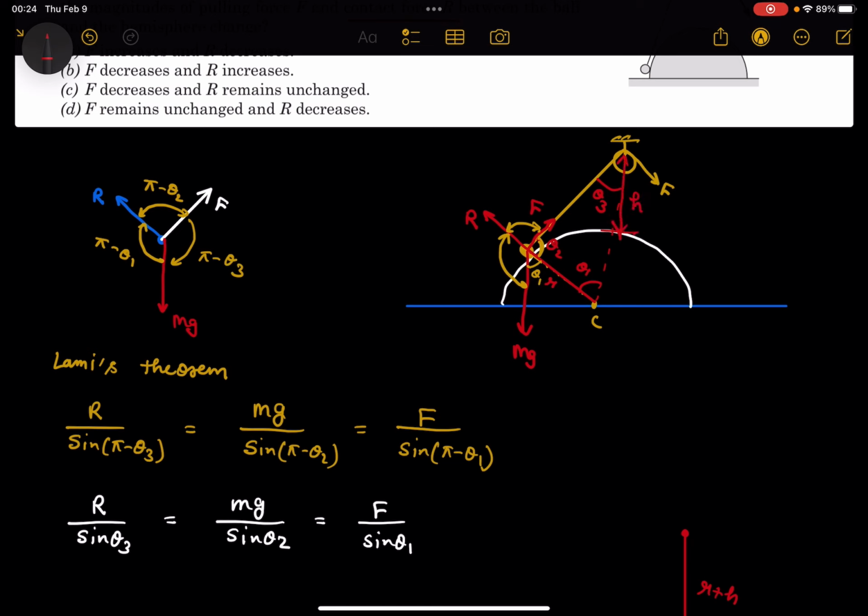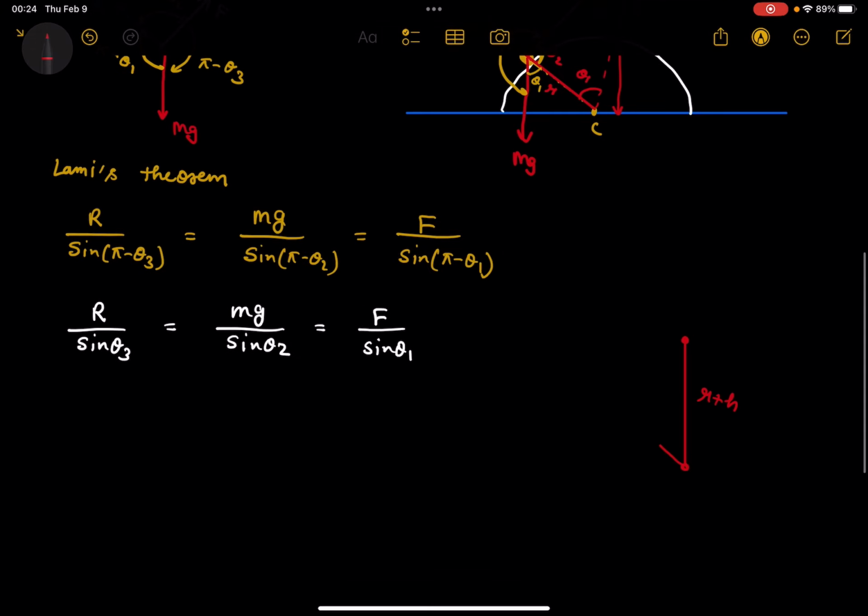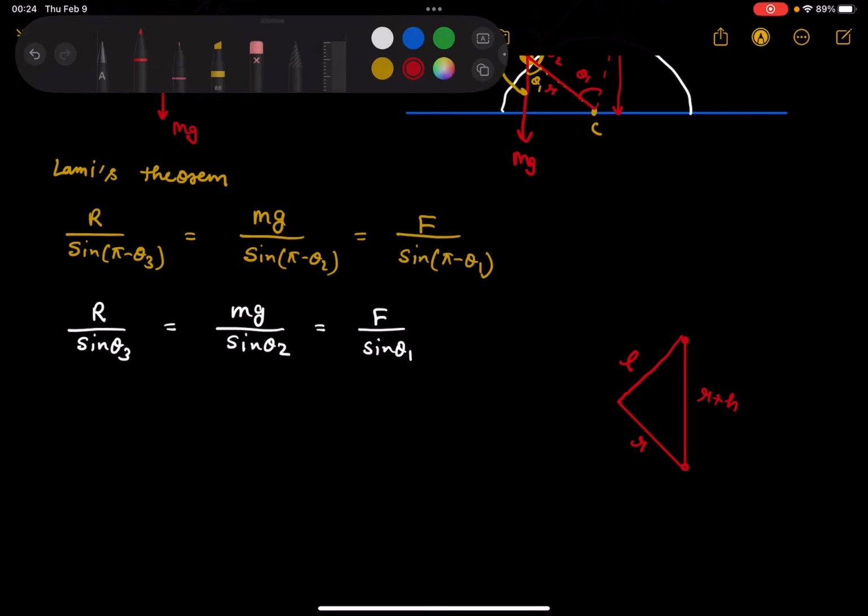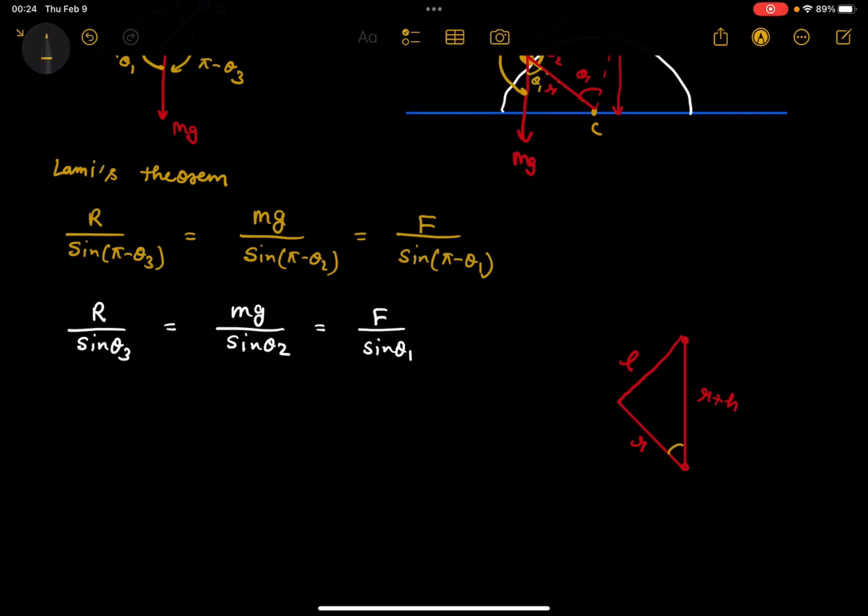So this is the height h, this is the r, so total r plus h. This point, you know very well, is small r, and this is the length of the string, which is L. So if this angle is theta 1, this angle is theta 2, and this angle is theta 3.